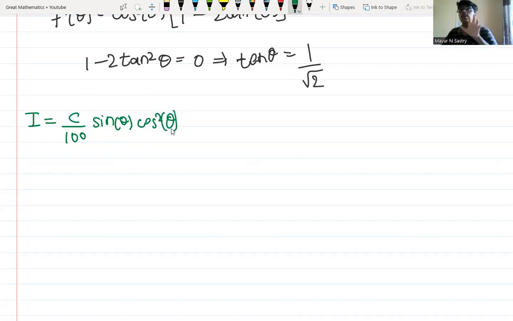Now, if tan theta equals 1 over root 2, you can use elementary trigonometry to conclude that if theta is acute, then sine of theta must be 1 over root 3 and cosine of theta must be square root of 2 over square root of 3.